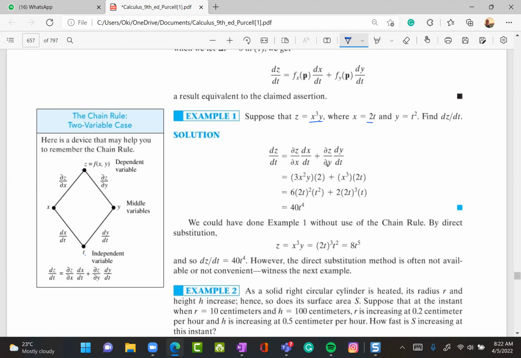In terms of t, you just substitute x equals 2t and y equals t squared, and you get the result.